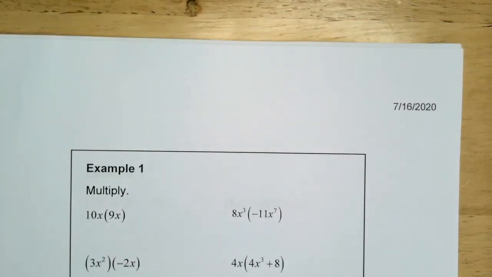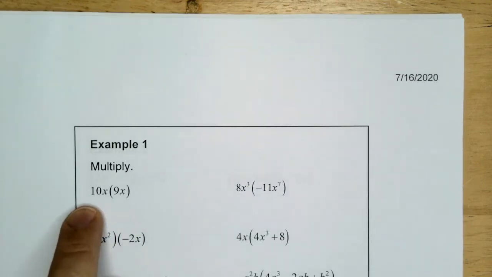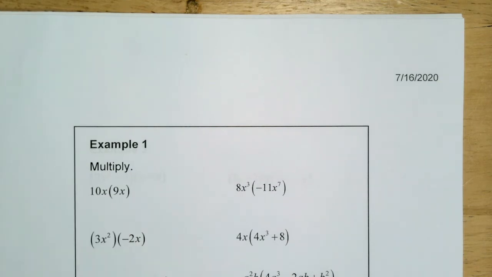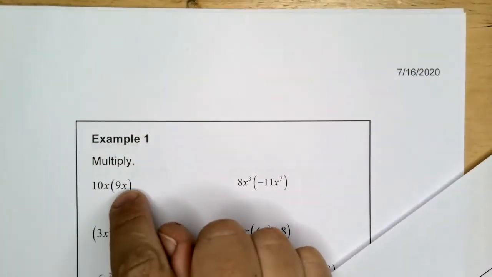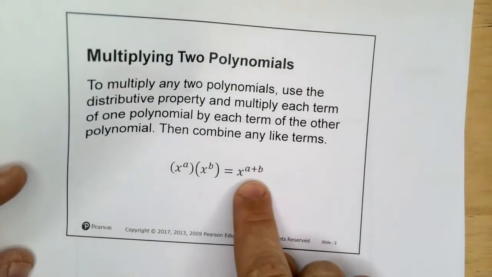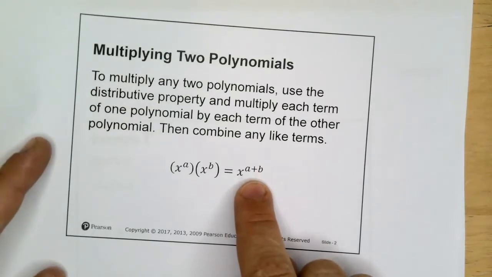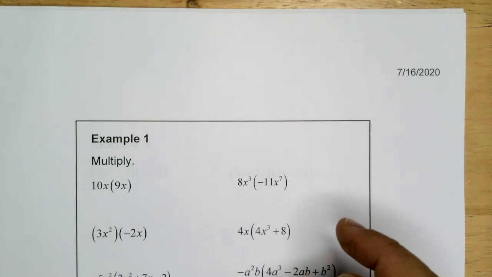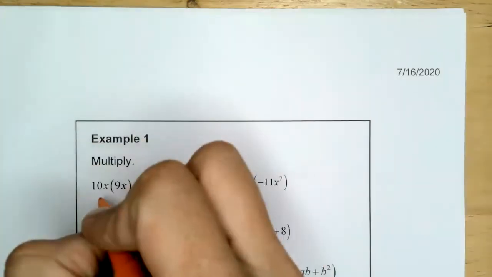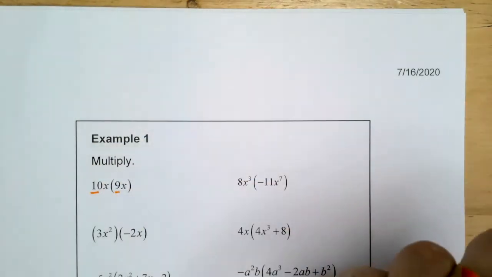Example 1, multiply. So we're going to multiply the two numbers, and then multiply the letters by adding the exponents of those letters that are in common. Like terms here: 10 and 9 are like terms.